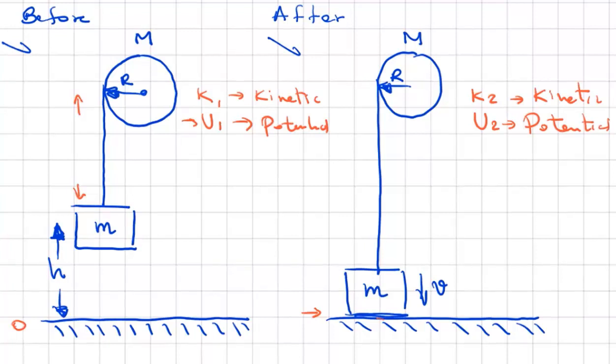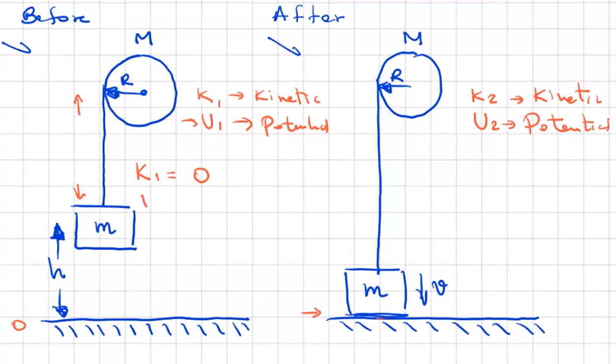All right. So let's do something. Initially, if we come back to the situation before, we will have the kinetic energy equal to 0, because the system is at rest. We know that the kinetic energy is the energy when the body is moving with a velocity v.